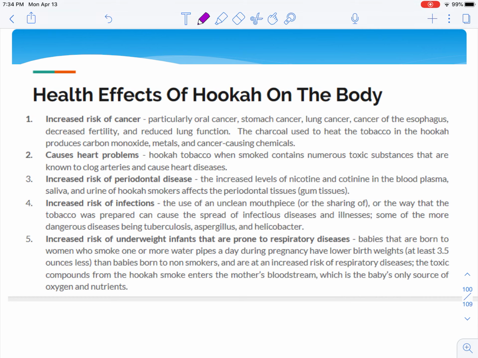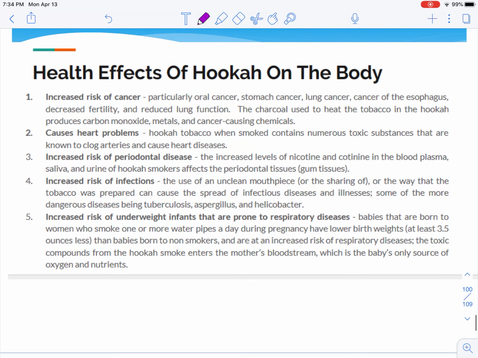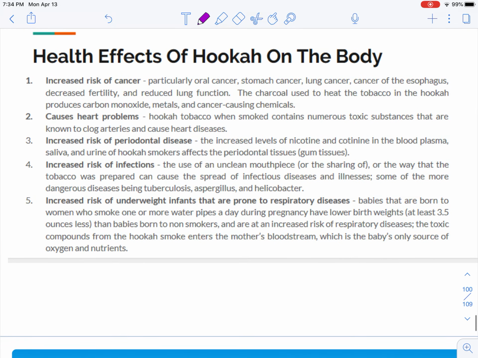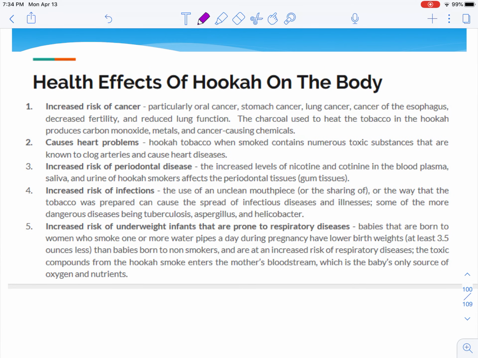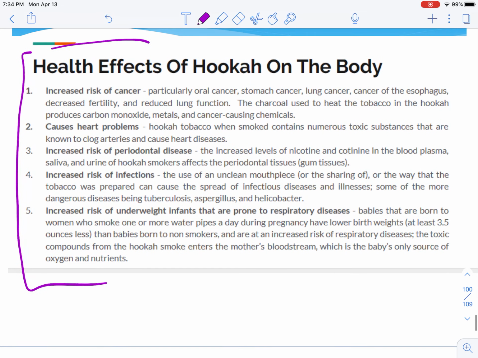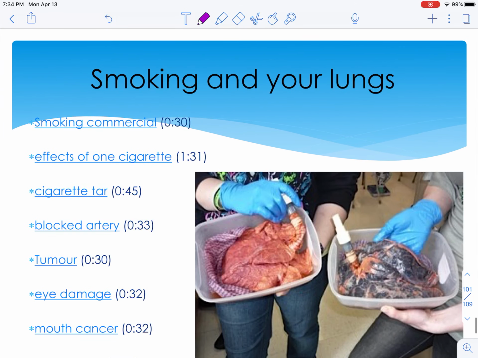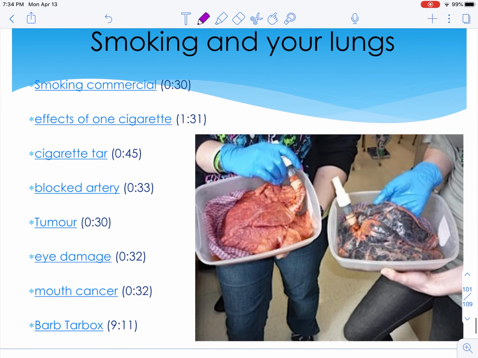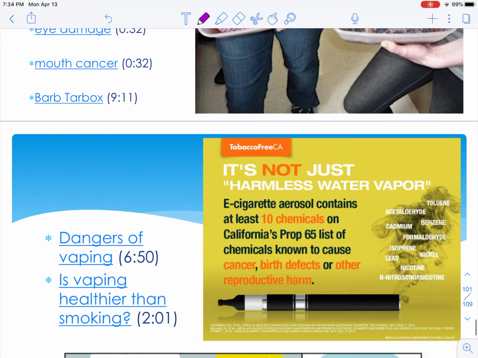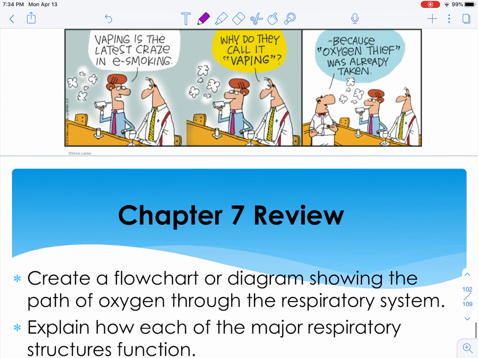A lot of people can get other lung viruses, bacteria, tuberculosis from using hookahs in public places, because those just stay and grow inside those components of the hookah. A lot of other effects here you can read for yourself, something worth taking a look at: effects of hookah.